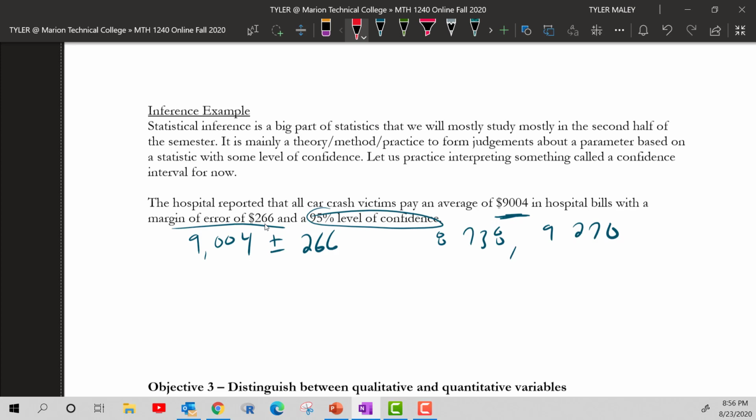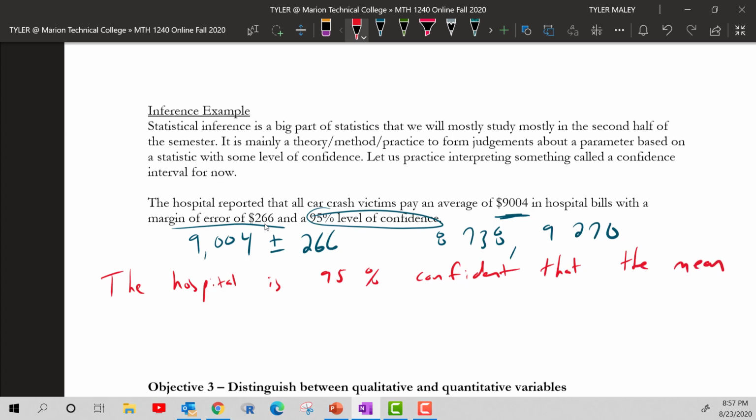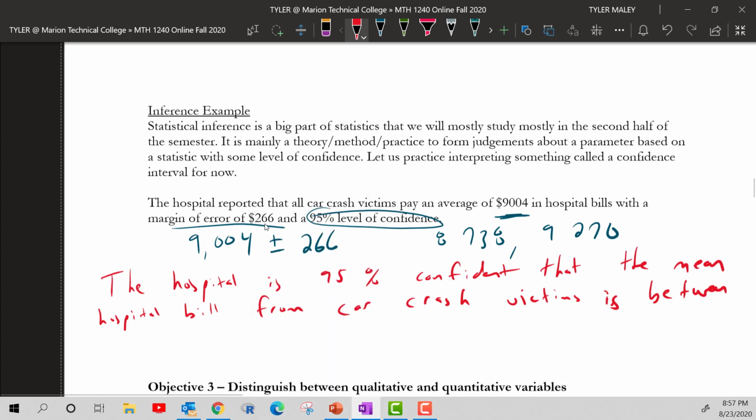is that the hospital is 95% confident that the mean hospital bill from car crash victims is between $8,738 and $9,270.